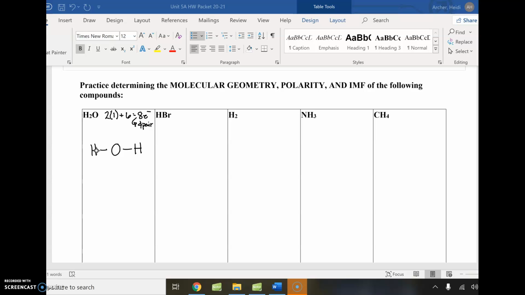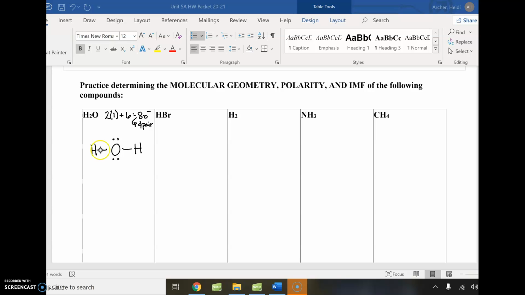And then I look and I count everybody's valence electrons. Oxygen already has one accounted for on that side of the bond and one accounted for on that side of the bond. So that's 2. It needs 4 more. 1, 2, 3, 4. Now all 6 are represented.